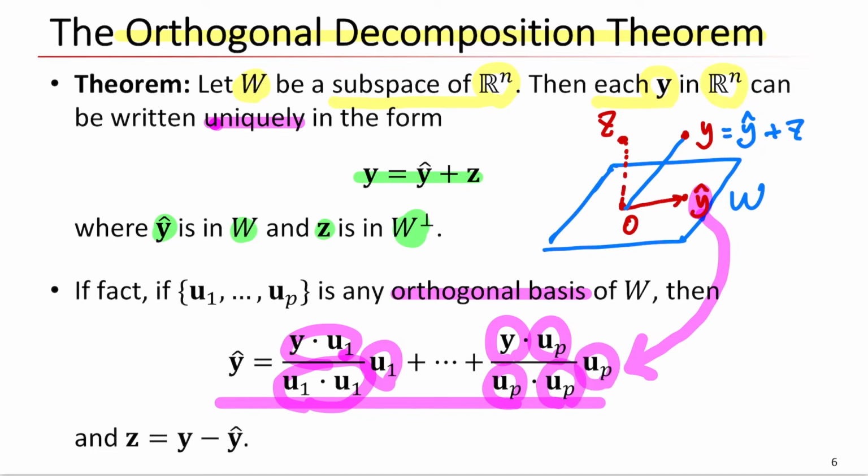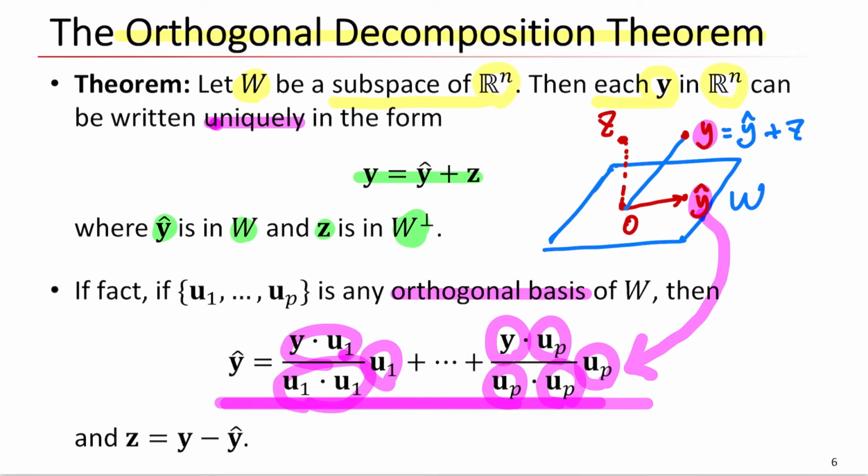So if we have an orthogonal basis of W, then we can find y hat with this equation, right?